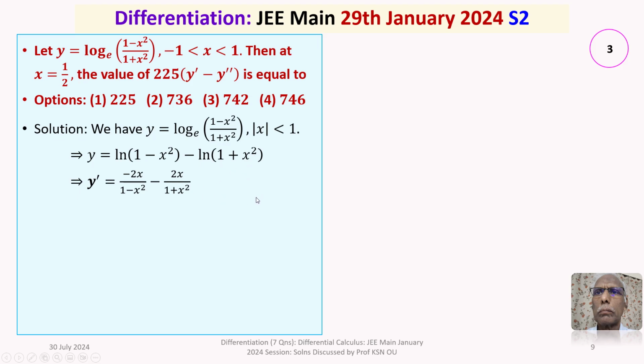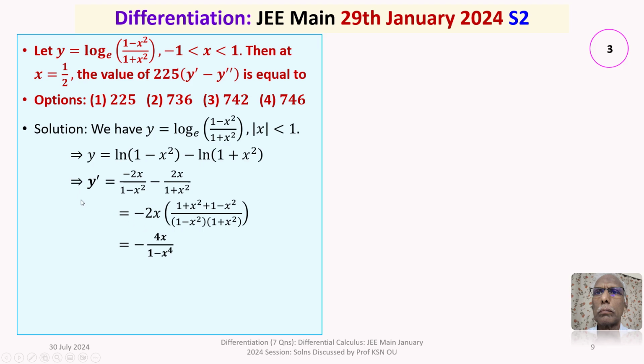Similarly, differentiate once again. Now, we simplify. Minus 2x, if you take common, and take the LCM. LCM is 1 minus x square into 1 plus x square, and simplify. You will get minus 4x by 1 minus x to the power of 4.